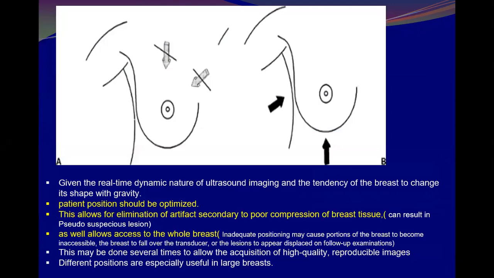Okay. As you know, the breast is a pendulous structure, a mobile structure.